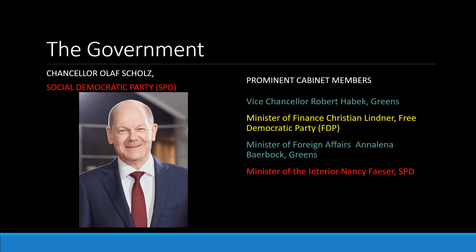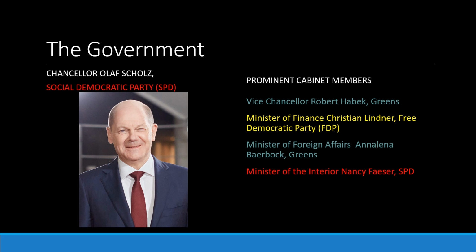Chancellor is the word the Germans use. More common term is prime minister or premier of a parliamentary system. But you can see from this list that the other two parties in the coalition were awarded high prominent positions in the cabinet government in exchange for coming into the coalition.